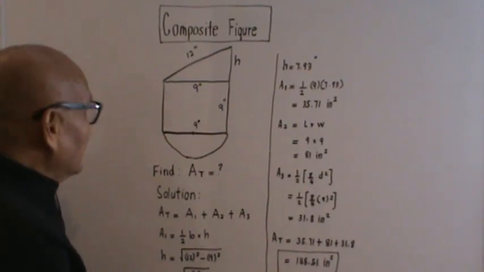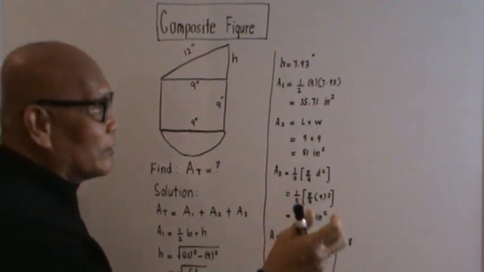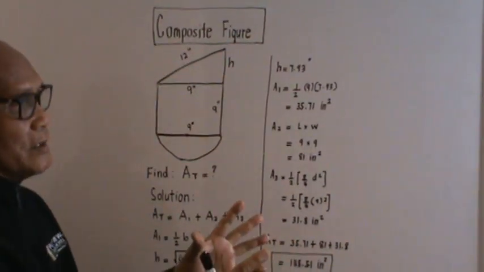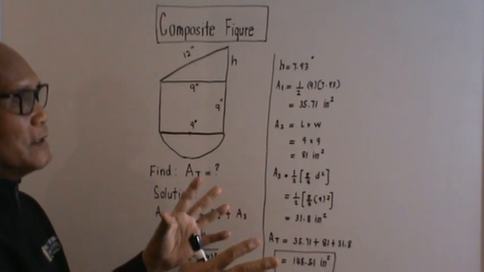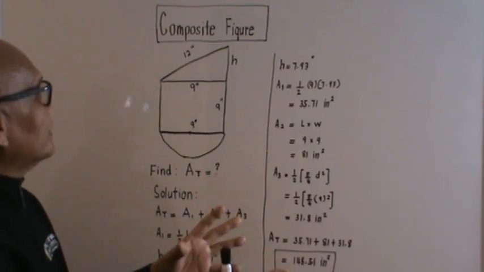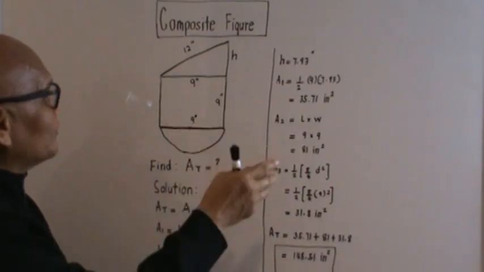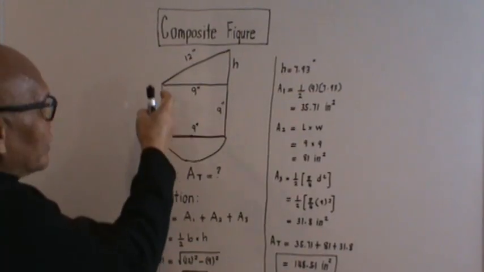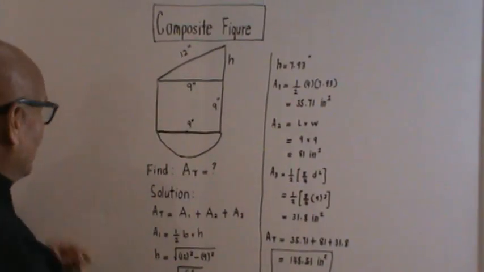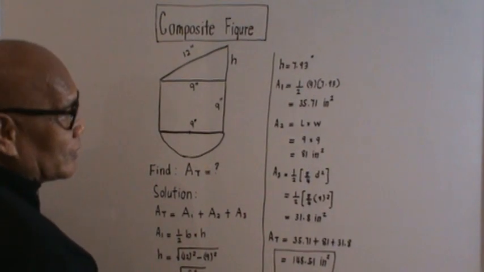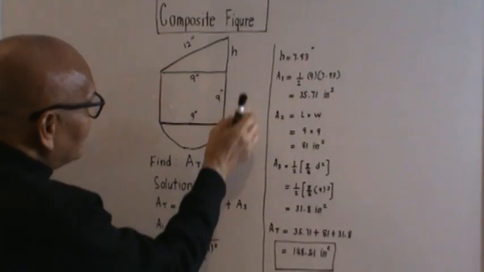Composite figure, right? So in here, I will be presenting a problem that falls under geometry, and this falls under composite figure. We are given a figure here, and this will be the figure.